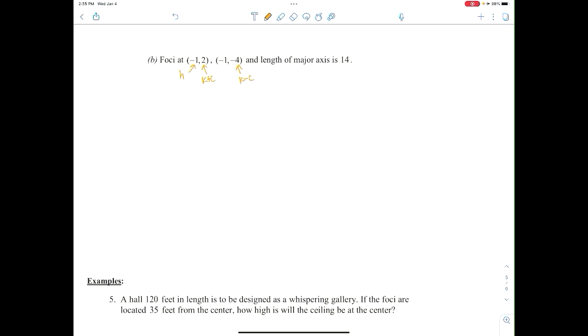Our major axis is 14 units long, and we see that both of our focus points are along that -1, so that tells us it's going vertically. The major axis is parallel to the y. So what would this sketch look like?